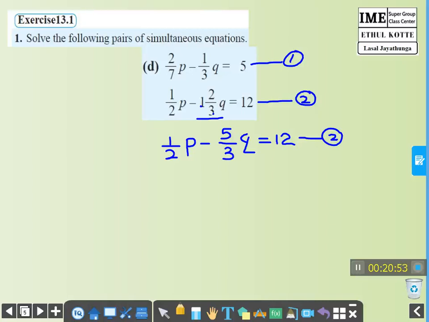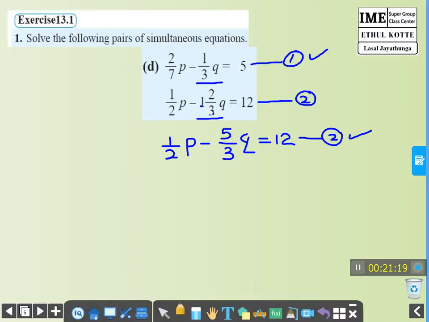Now when you analyze equation 1 and 2, find out any same coefficient terms. We don't have same coefficient terms, so find out the term that you can easily make the same. Here it's easier to make the coefficients of q the same.